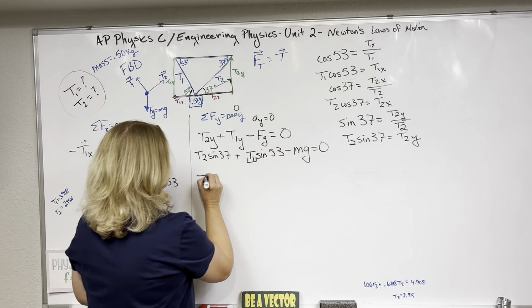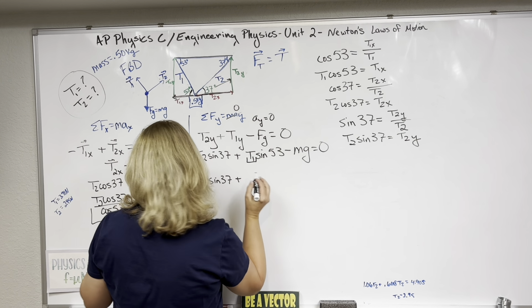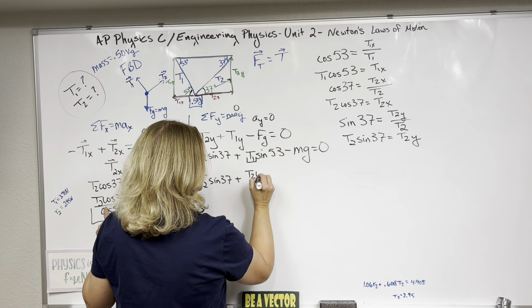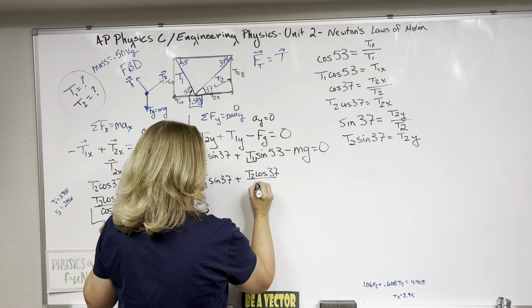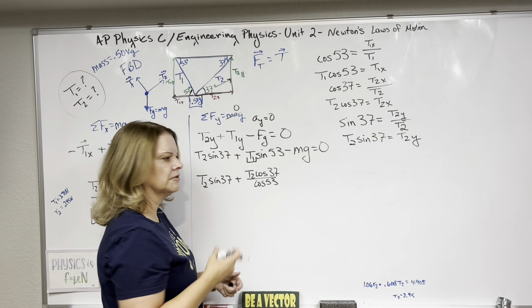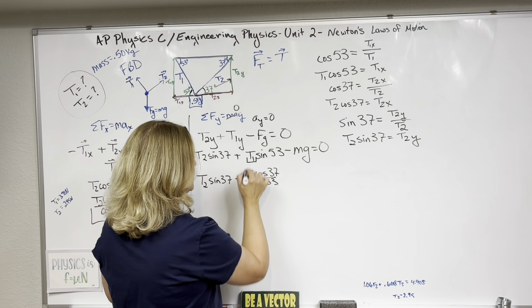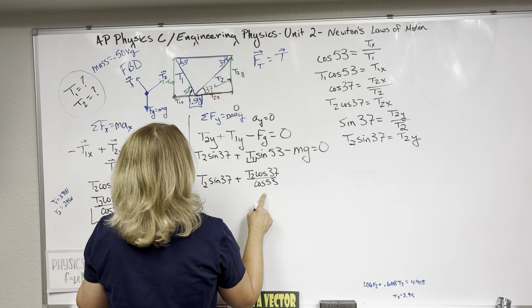All right, we have T2 sine 37 plus T2 cosine of 37 divided by cosine of 53. But here's where a lot of students, when they're rushing through a test, say, okay, I know to plug that in, T2 cosine 37 over cosine 53.